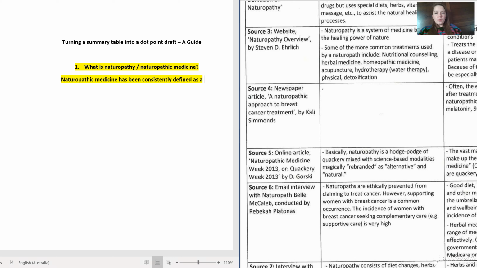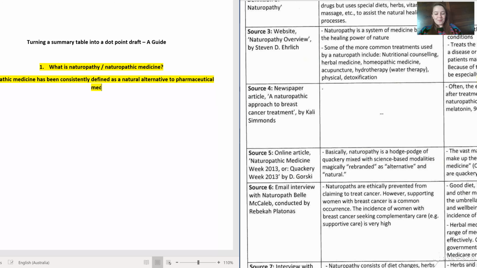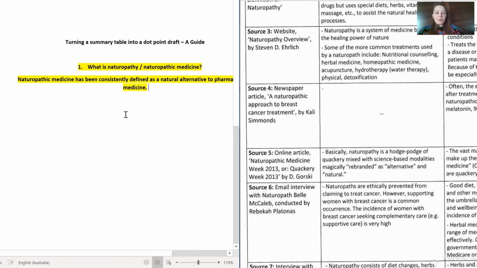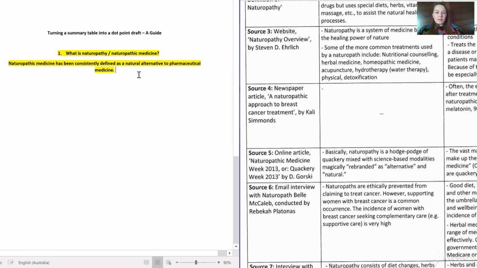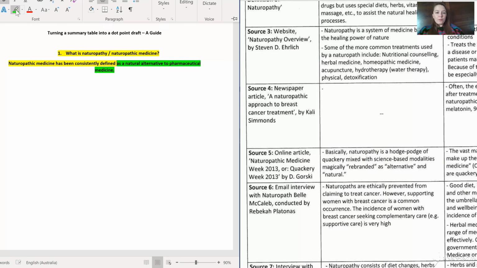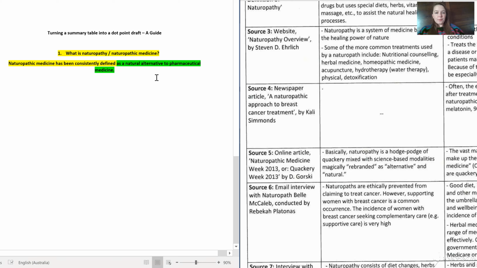And I would be saying something along the lines of, as a natural alternative to pharmaceutical, I don't know how to spell that word, medicine. And what we've got now is the words of the question followed by my interpretation of it.